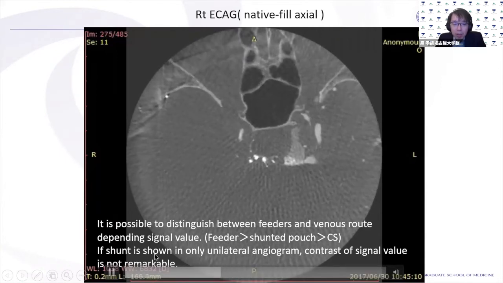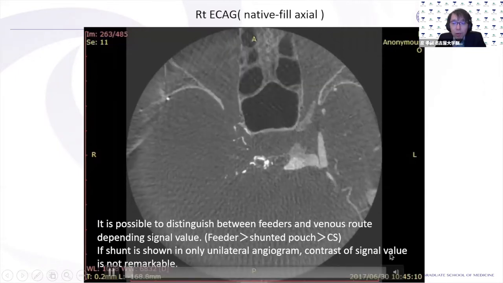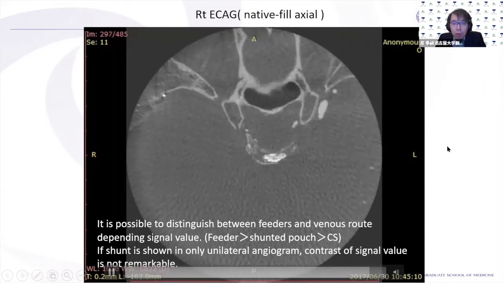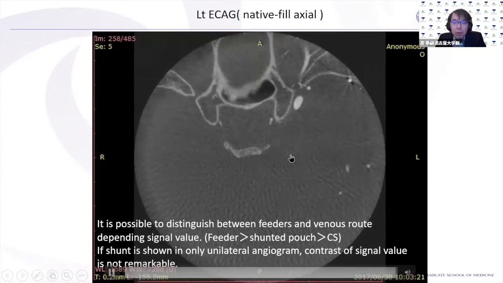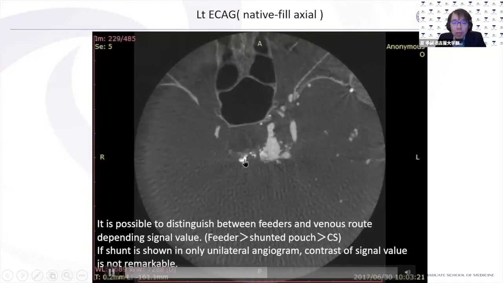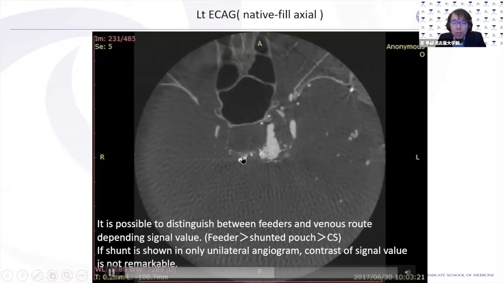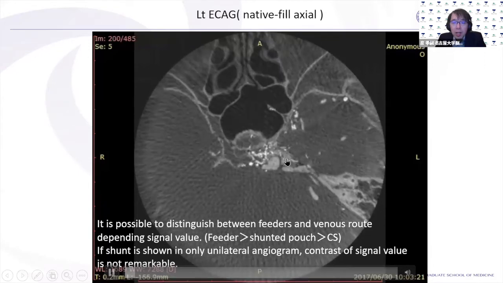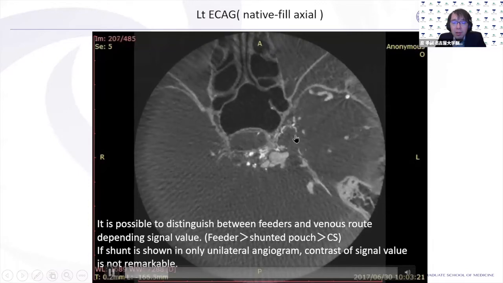But if the shunt is shown in only a unilateral angiogram, the contrast of signal value is not remarkable. Here is the left ECA's source image of 3D DSA. We can see the arteries and the shunted pouches here, and the cavernous sinus, and the other draining veins.